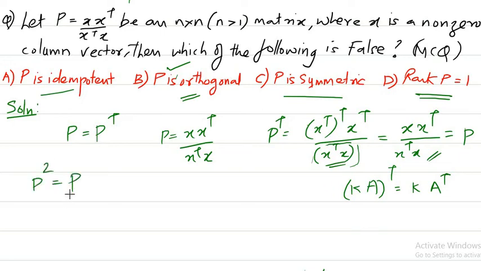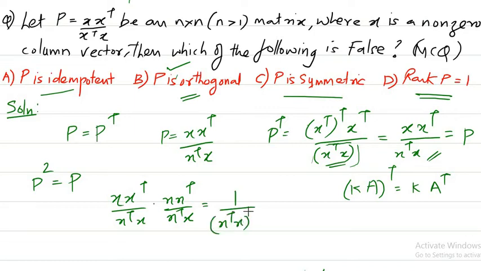So what is P square? We just multiply 2 times: x into x transpose by x transpose x, into x into x transpose by x transpose x. These denominators are constants. You can write it as x into x transpose into x, whole square times x into x transpose into x into x transpose. Now you can see what is this part. That is nothing but again the constant, right?